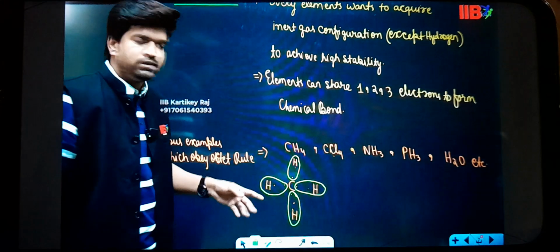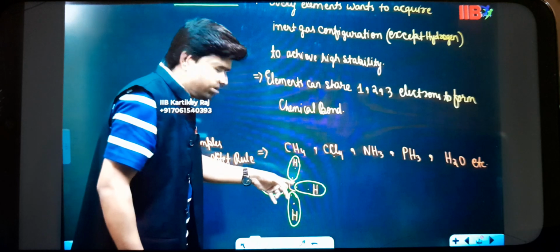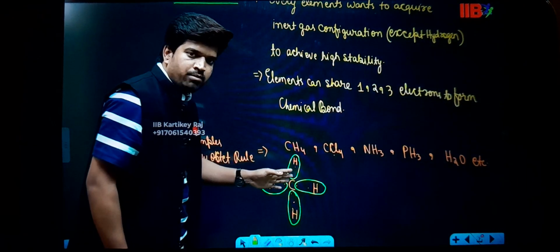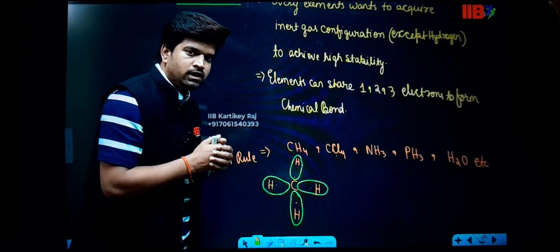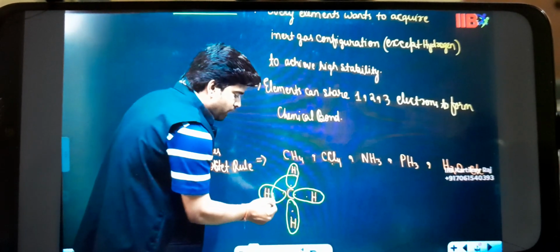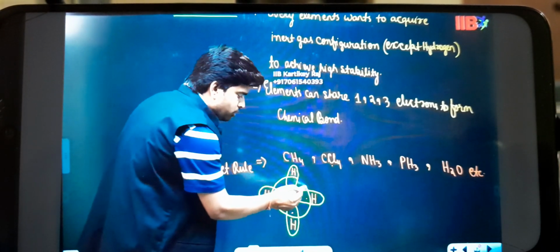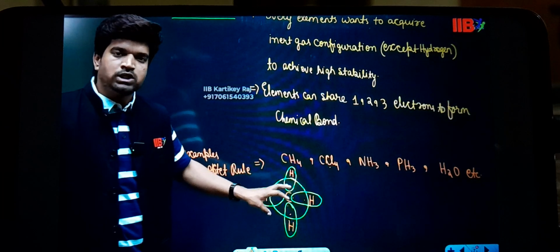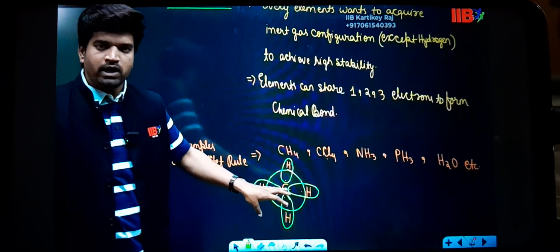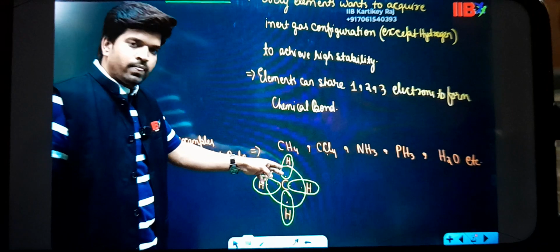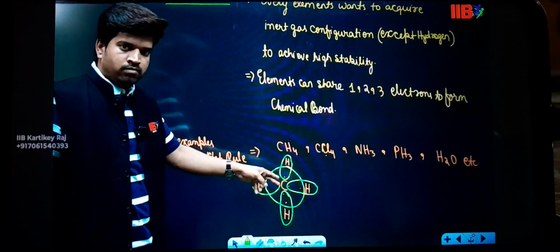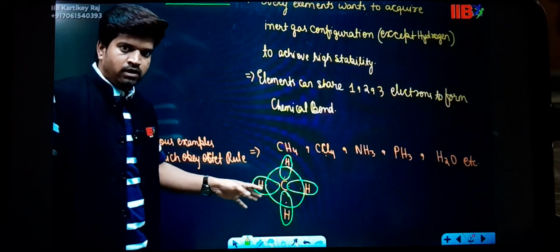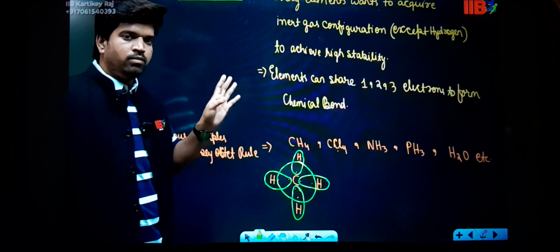Now what happened, guys? This carbon at the initial time has only 4 valence electrons. Once they shared, the total number of electrons becomes equal to 8. So due to this sharing, the total number of electrons in the carbon becomes an octet, and in the case of hydrogen it becomes a duplet.